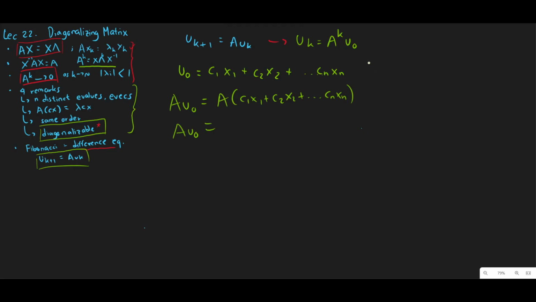Of course, we have those beautiful Ax equals lambda x. So I will just plug it in straightforwardly and convert them directly here: c2 lambda2 x2, and cn lambda n xn.